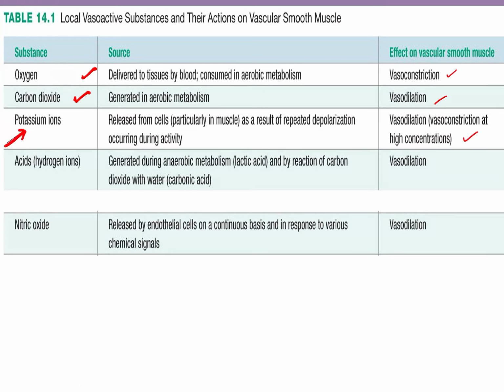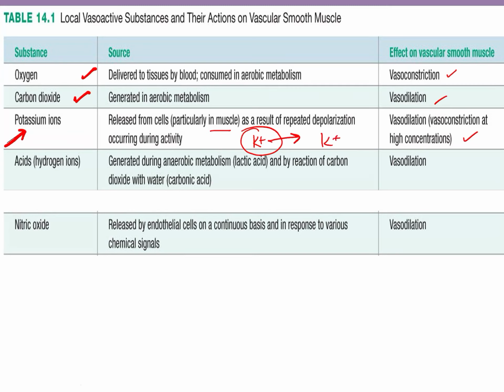Potassium ions. So this is interesting. Why would potassium ions dilate your blood vessels? Because potassium is an ion that is going to be released, especially in muscle, with repeated depolarization, right? Because remember how your muscles or any cells have a higher concentration of potassium on the inside.